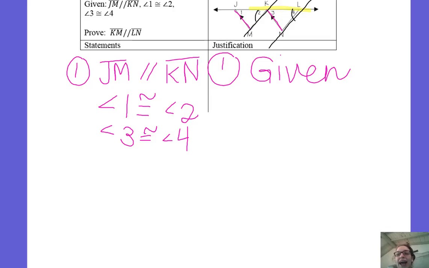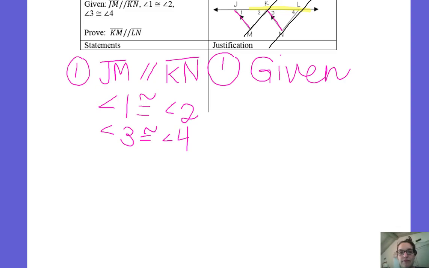So if I can prove that angle 2 and angle 4 are congruent, then because they're corresponding angles, I can prove that those two lines are parallel by the converse of the corresponding angles postulate.